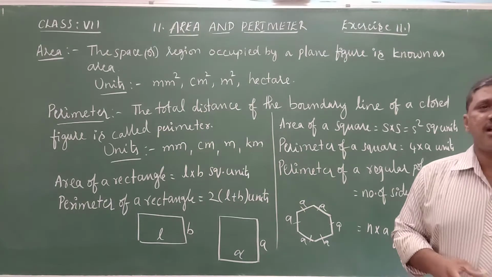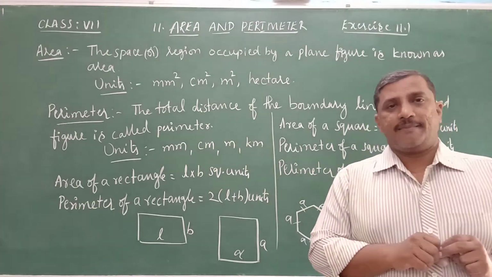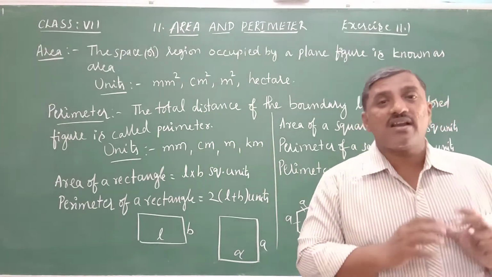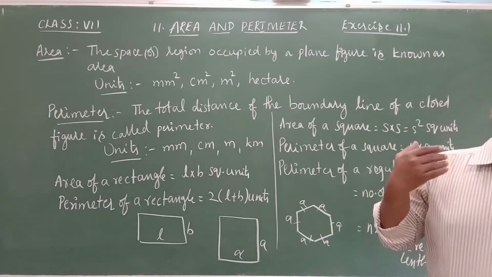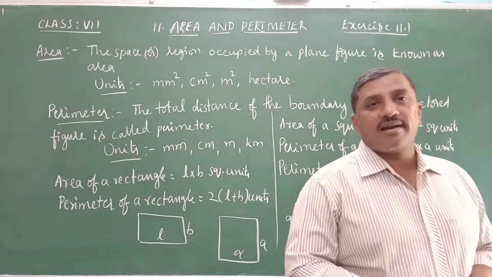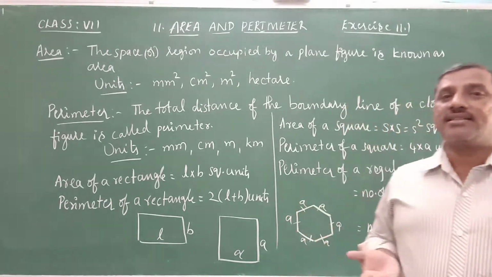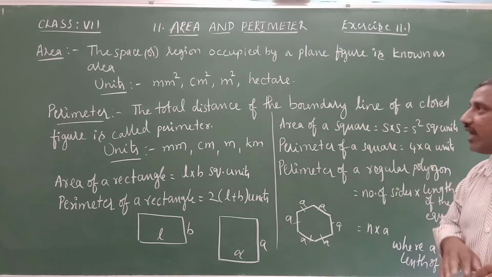Area. What is area? The space or region occupied by a plane figure, a plane figure in the sense a rectangle or a square or a triangle or any other polygon, is known as area.